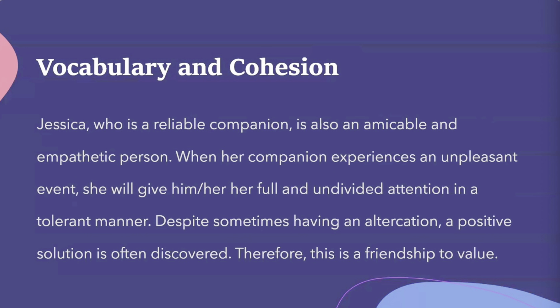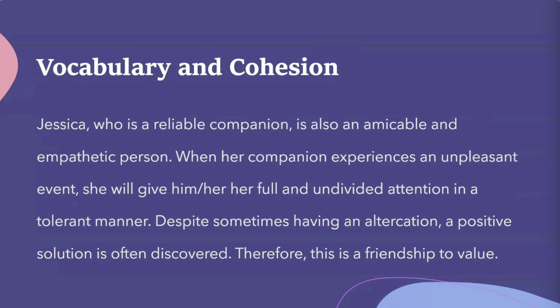Therefore, this is a friendship to value. This adds better joining words, and it also uses better vocabulary. For example, argument becomes altercation. The sentences also employ passive as well as the relative clause. So we've looked at how to improve the general English.